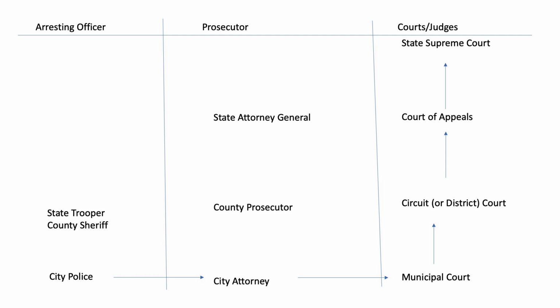If the city police arrest you for a state offense, then move up a line and you have the county sheriff and state trooper. If either of those three arrest you for a state-based offense, then it's tried by the county prosecutor in the circuit court, or in some cases, in other states, the district court. Now in Missouri, we have a little wrinkle in that we have what's called an associate division of the circuit court.